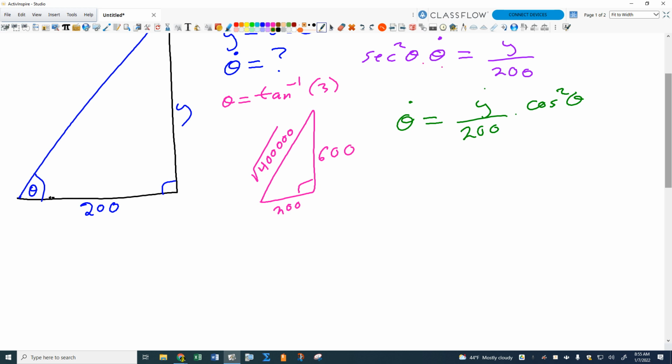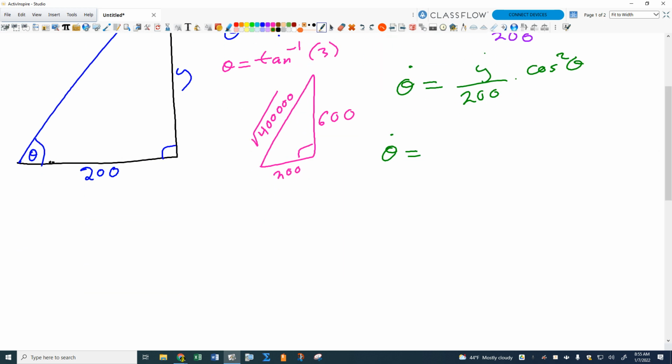Well, cosine squared theta is the same as cosine theta quantity squared, right? So the ratio cosine in this case would just be 200 divided by the hypotenuse, and we're squaring it. So we get y dot, which was 100, over 200 times cosine squared, which is going to be 200 squared, 40,000, divided by the square root of 400,000 squared, which is 400,000.